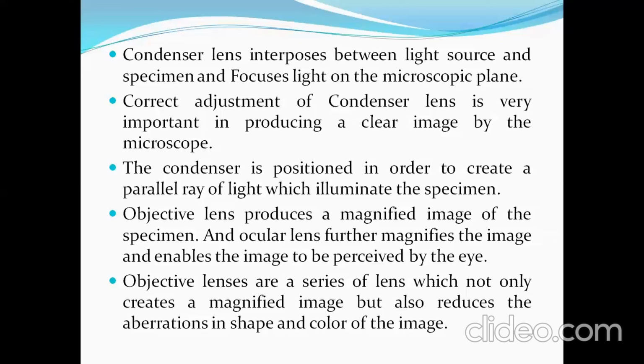So there is a series of lenses placed in the objective so that we can minimize the aberrations created during the operation, which is known as chromatic aberration or spherical aberration, and in this way we can reduce this type of aberrations.